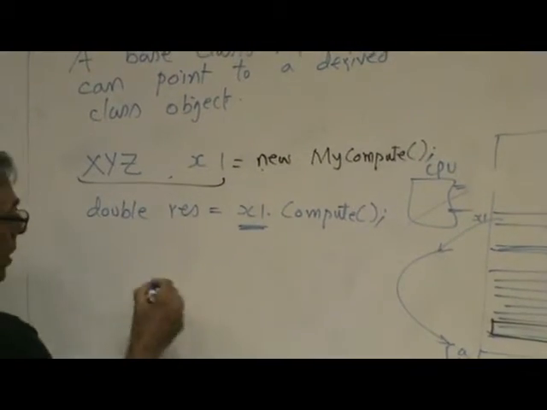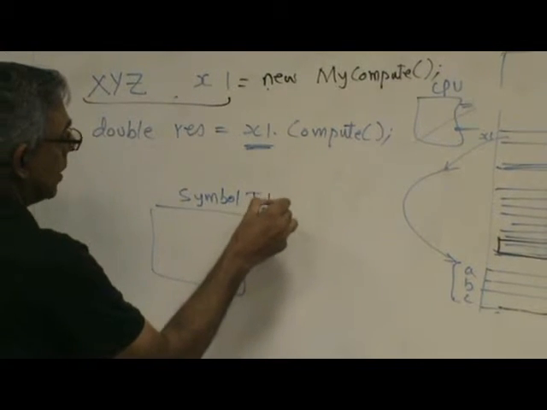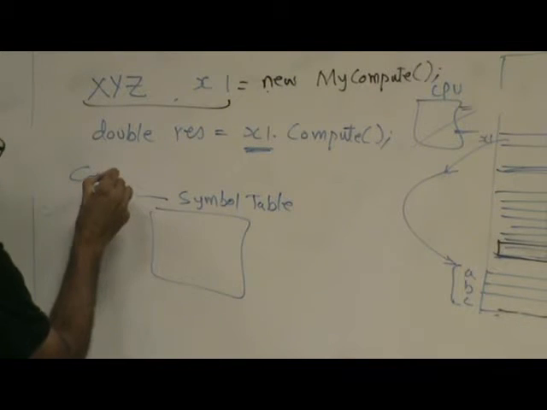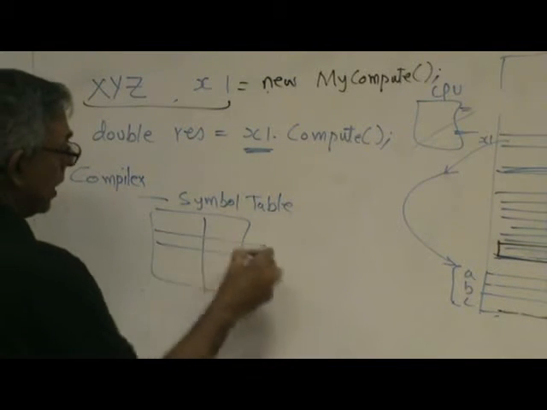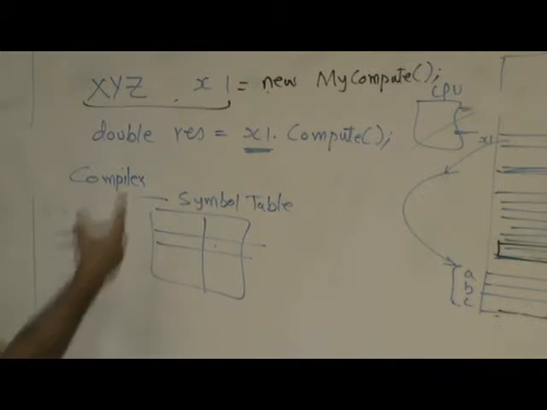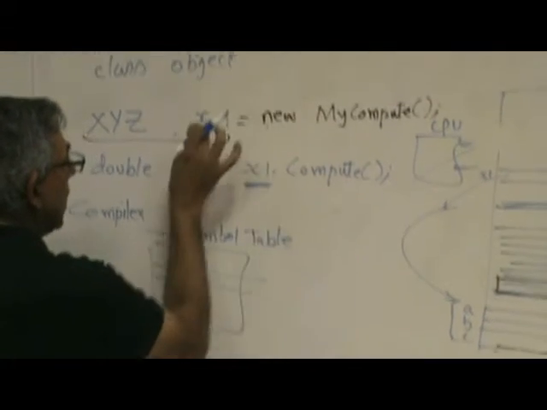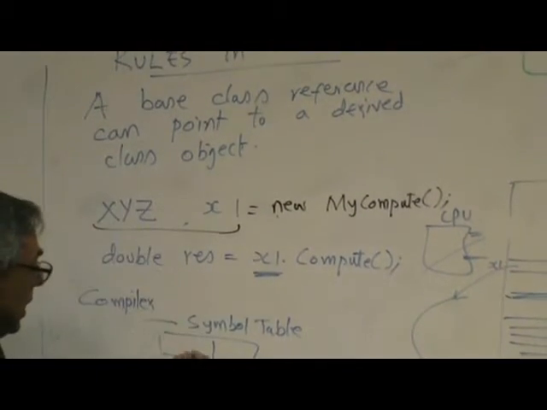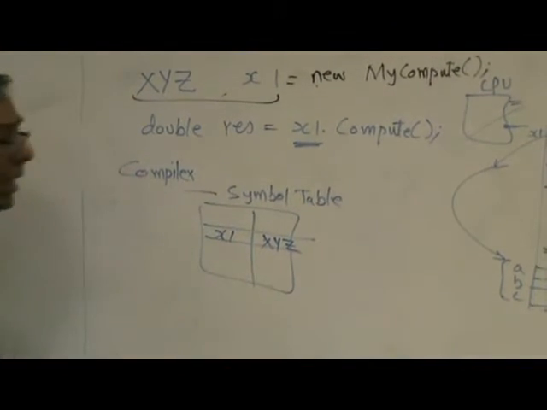Anytime we are writing code, there's what's called the symbol table, which is maintained by the compiler. For every variable you declared, the compiler stores in this symbol table what data type it is. It doesn't look on the right-hand side. X1 is XYZ, so it will say X1 belongs to XYZ.